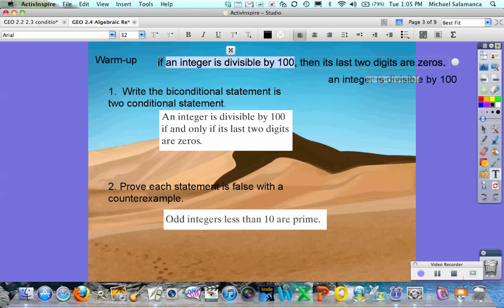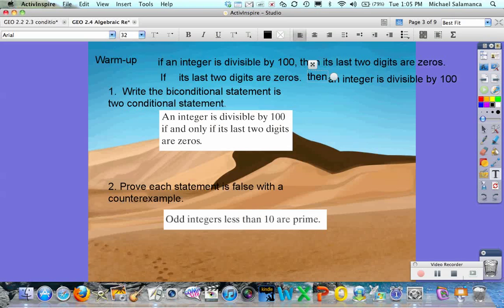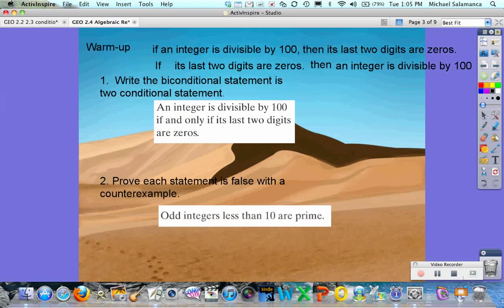The next one is the converse. So if its last two digits are zeros, then the integer is divisible by 100.